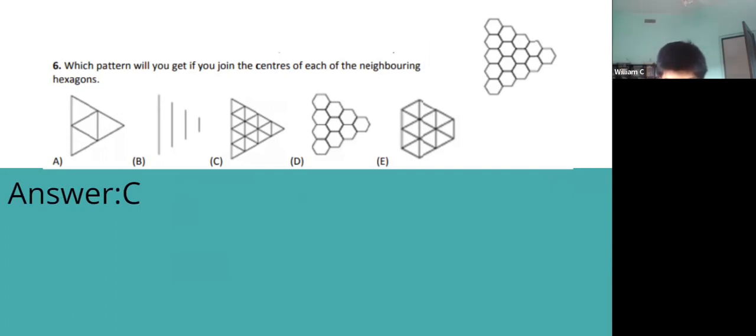My drawing sucks a lot, but let's just try to connect all the centers right now. And we can kind of see that it's C. My drawing skills kind of suck, but yeah.